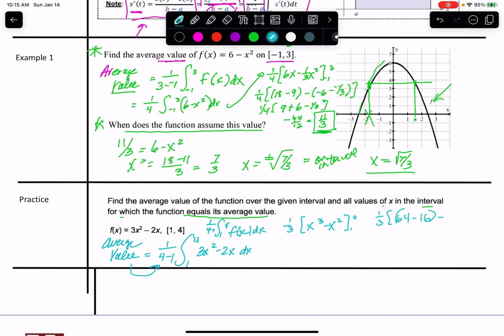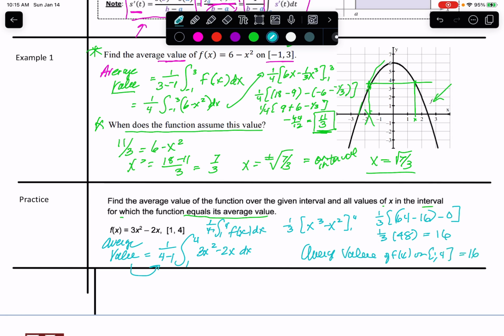And then that would be 1 minus 1, so 0. So this is 1/3 of 48, which is 16. So your average value is 16 of f of x on 1 to 4 equals 16.